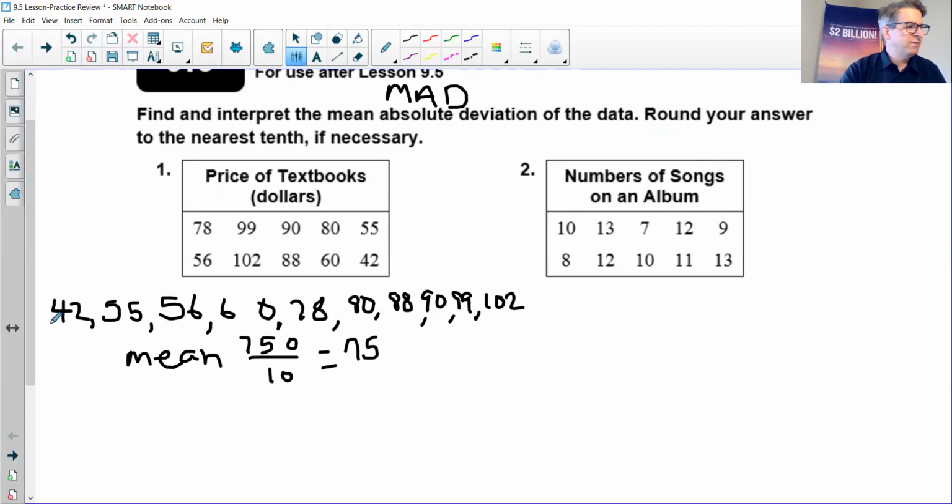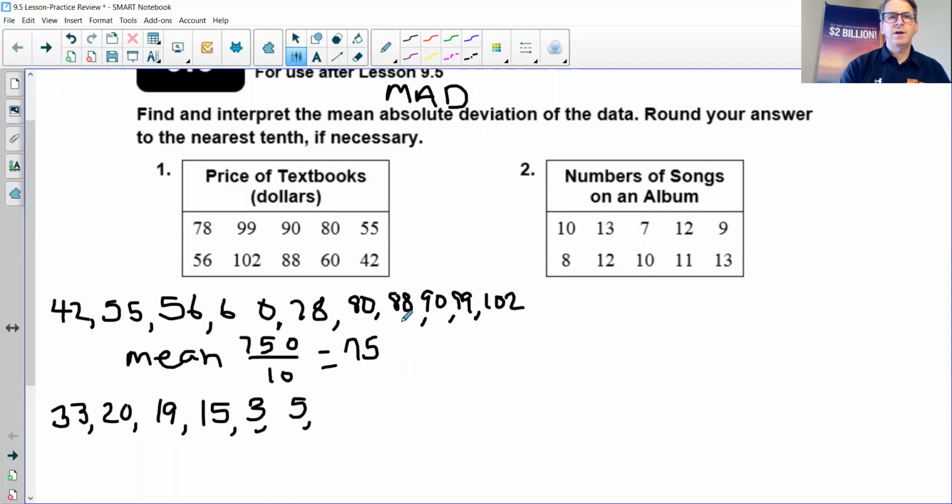So I'm going to take 75, subtract 42, I have 33. 75 minus 55 is 20. Next one would be 19. Again, I'm taking the mean and I'm subtracting the price of the textbook. 75 minus the 56, I get 19. 60, I would have 15. 3. 78 minus 75 is 3. Next one would be 5. Next one would be 8.